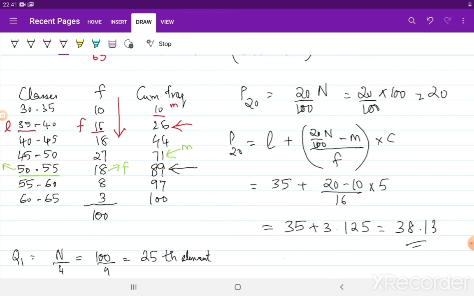For example, I said Q1, Q2, Q3 are the three quartile values, and Q2 is the quartile which corresponds to the median of the entire distribution. I am asking you which percentile and which decile will correspond to the median. This is a very possible short answer question that you can have.